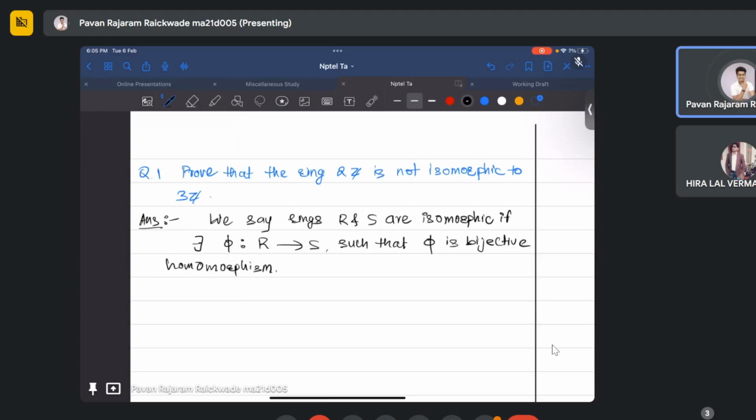Now every ring homomorphism has to be a group homomorphism as well, right?